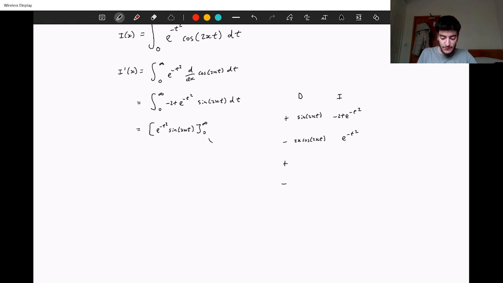Now they've got bounds, we have to put them in and subtract. The reason for the pluses and minuses is that if this is a minus, it would mean minus e to the power minus t squared sine of 2xt. So you just follow what the table says. Then we times across, and we have a minus here, that's why I put the minus here, because it'll be plus minus times, from infinity to 0, 2x. I'm going to take the 2x on the outside.